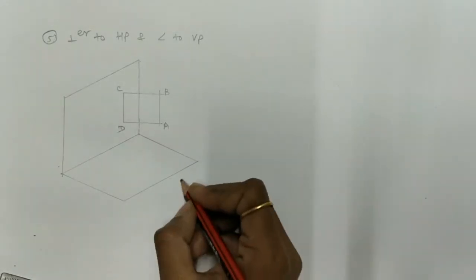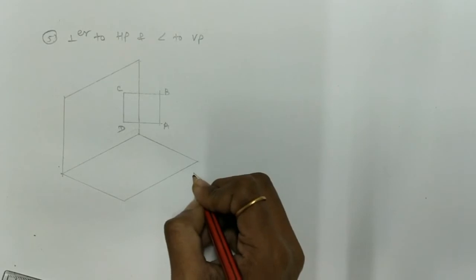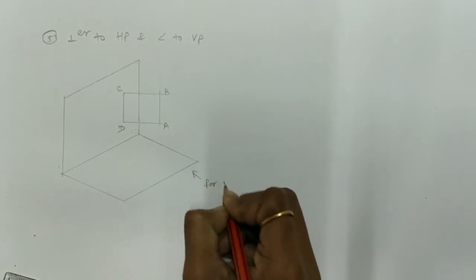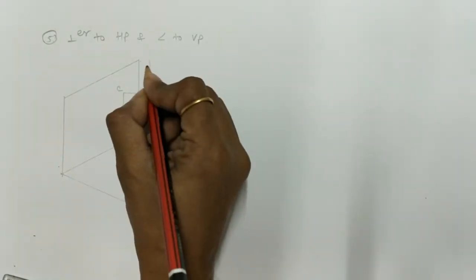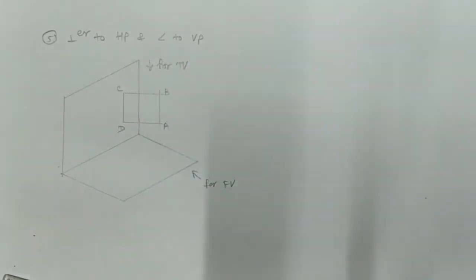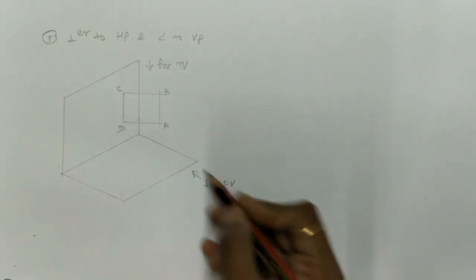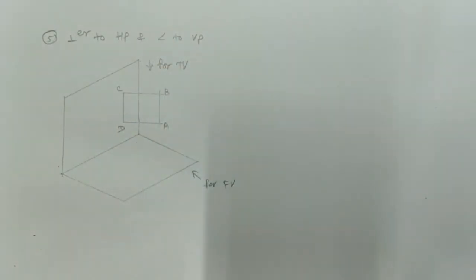Now when we will see from this direction for front view and from this direction for top view. Then when we will see from this direction for front view, then rectangle will appear, and when we will see from top, then there is a straight line.